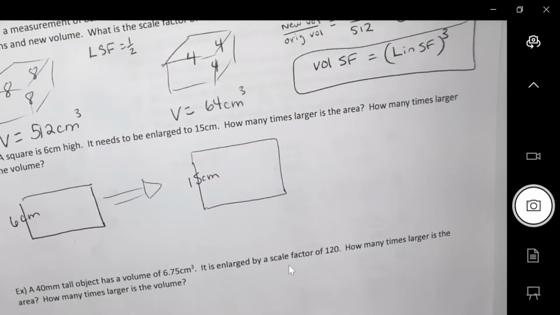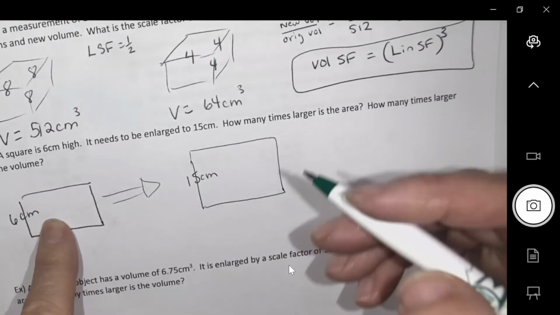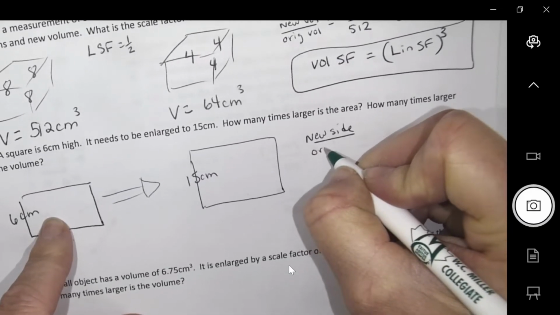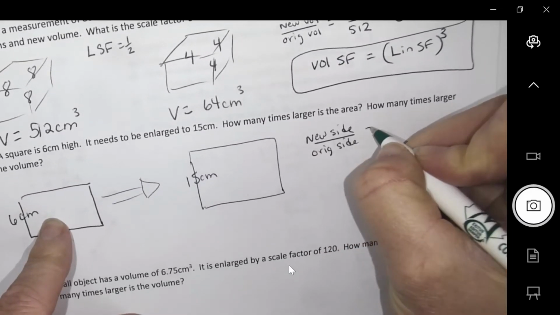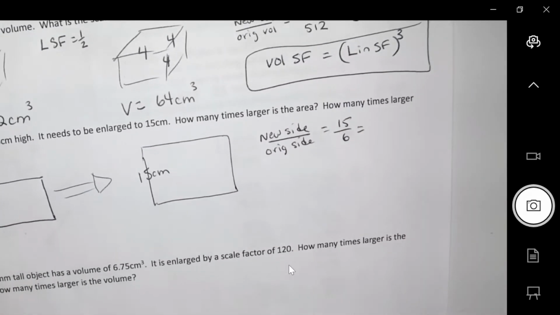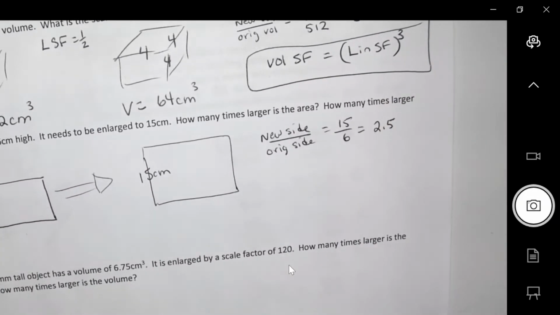Okay, what scale factor did I use in that enlargement? So what are you going to do to get me that? The new side divided by the original side. So my object is getting blown up, enlarged 2.5 times bigger.